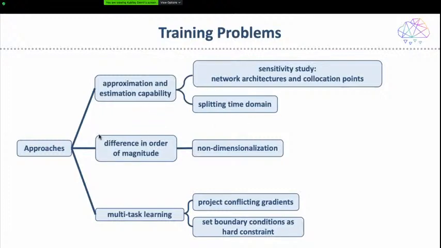And then one other approach for tackling the problem of having different magnitudes in the equation, for example, for the sea level and the velocities, is non-dimensionalization, which is also very typical for numerical approaches to, for example, fluid dynamics. It's very normal to also characterize the flow by different non-dimensional parameters.